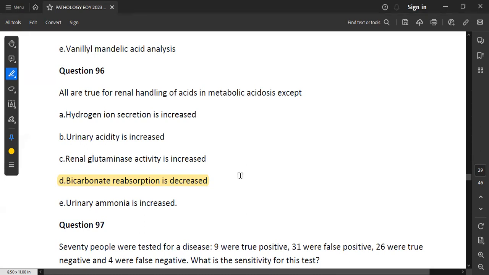I'll repeat C. Renal glutaminase activity is increased. Glutaminase is used in the metabolism of glutamine.